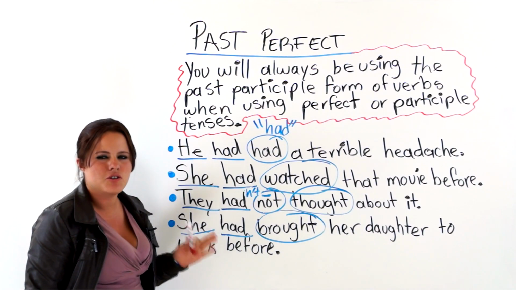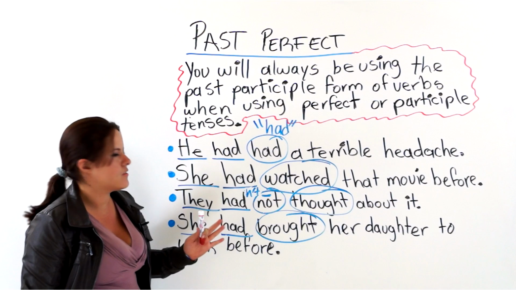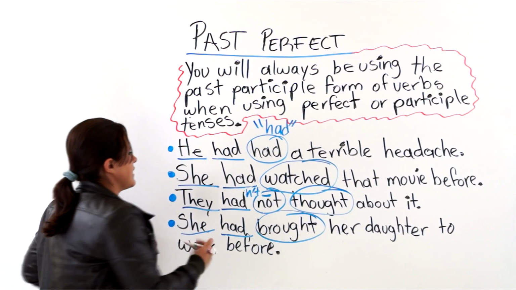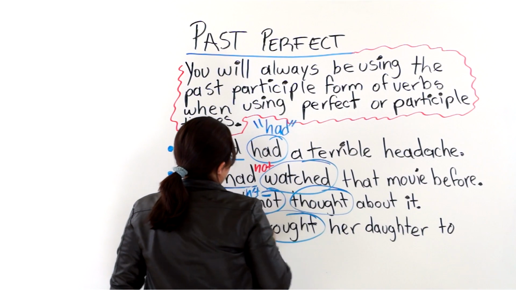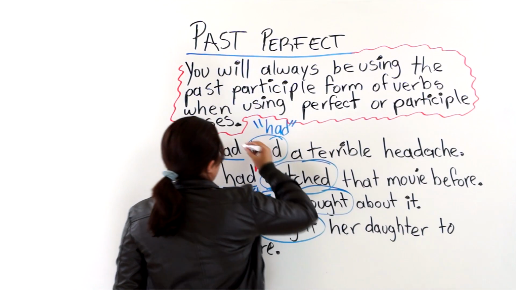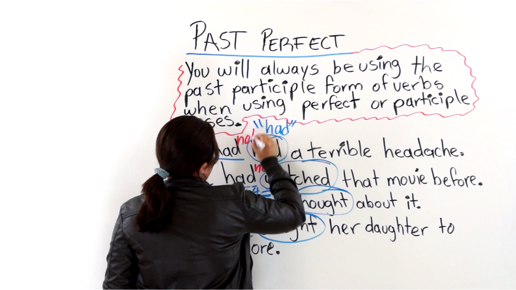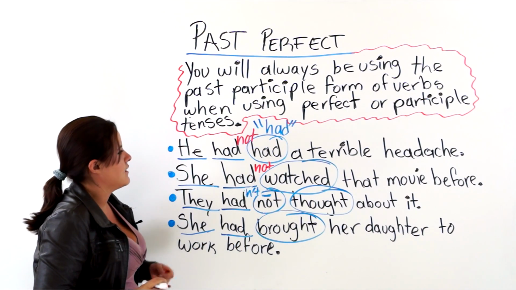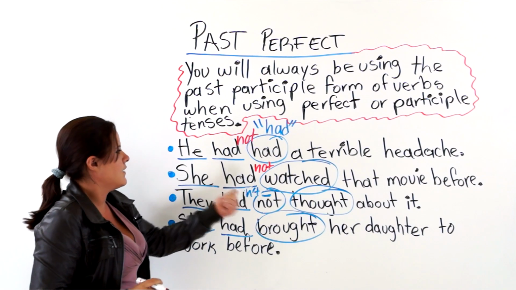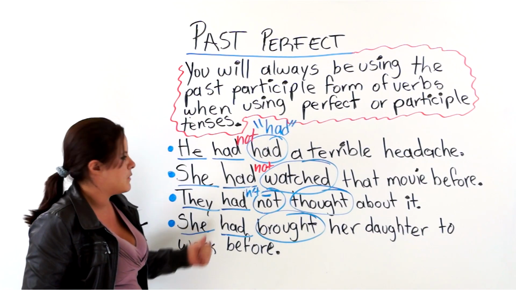You can turn them into negative form very easily just by adding not in the middle of had and the past participle of the verb you are using. He had not had a terrible headache. She had not watched that movie before.